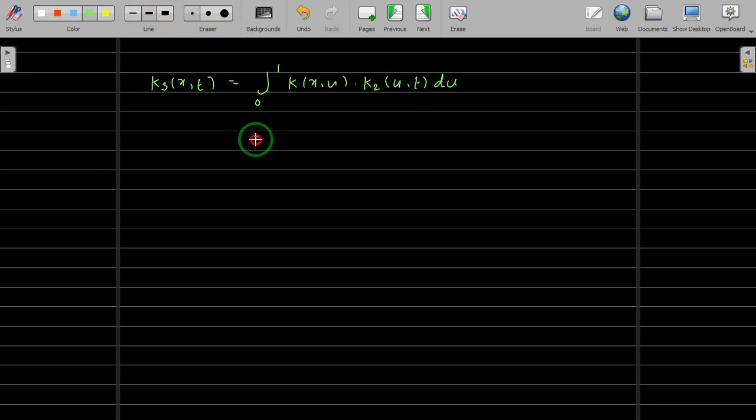This is the same as integral 0 to 1 of e raised to x minus u, k2 was the same, so e raised to u minus t du. This is the same as integral 0 to 1 e raised to x minus t du, and this is the same as e raised to x minus t. Now if you have noticed, we have k1 equals k2 equals k3.